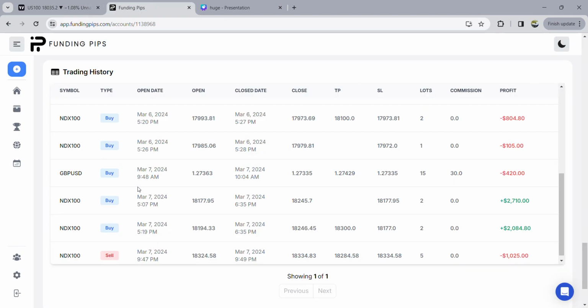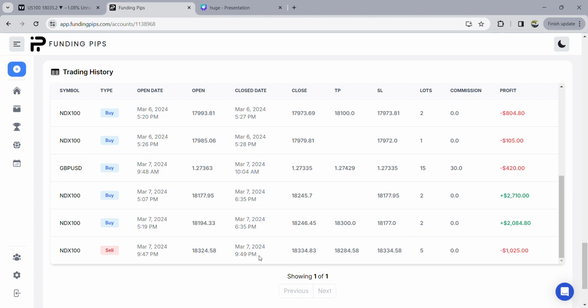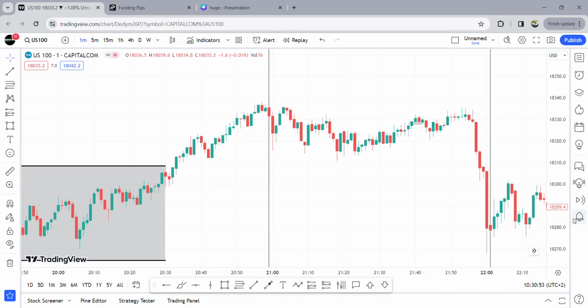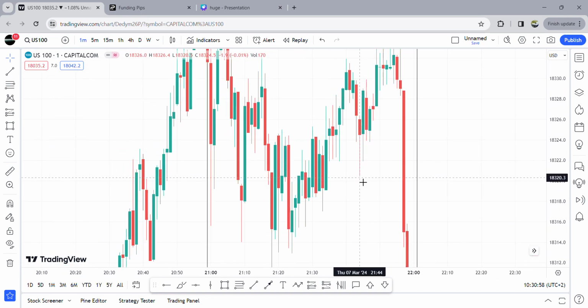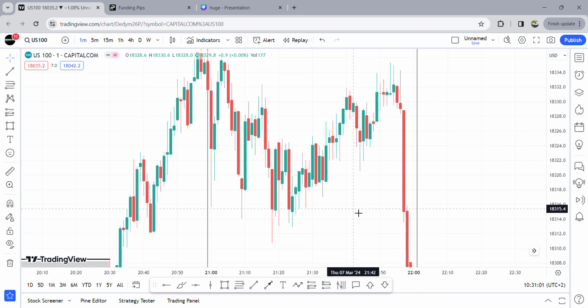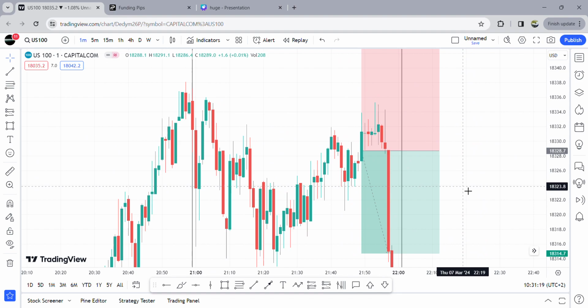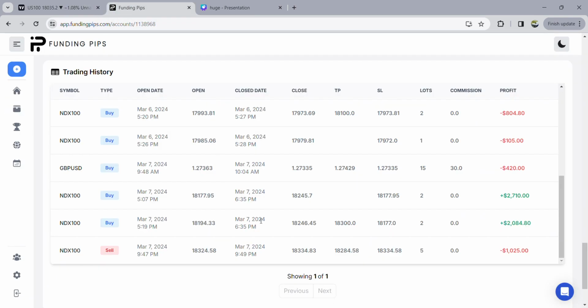And let's look at the trade I took. So 9:49 p.m. Yeah, so I was selling here. Took a short position here. As you can see, opening 18,325.